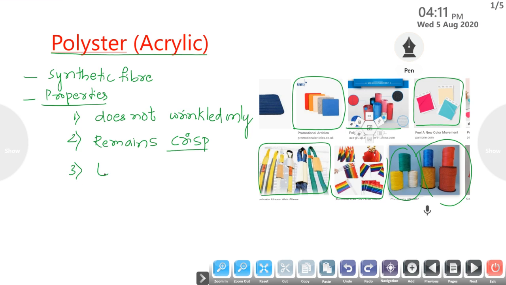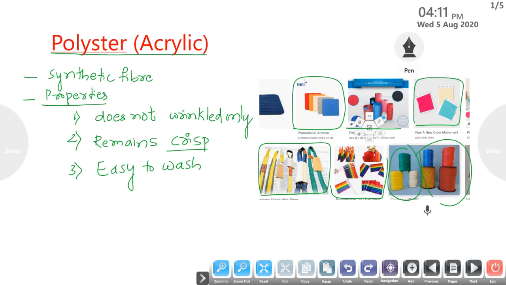Third one, it's easy to wash. There is not much effort needed to wash polyester items, whether it is fabric, cloths, or other items made of polyester.